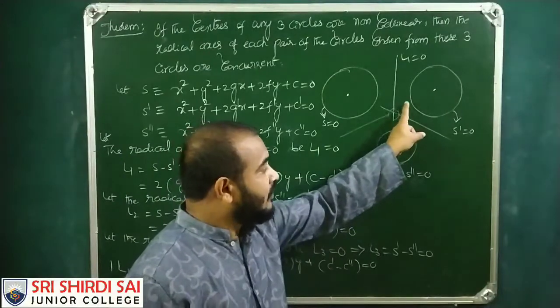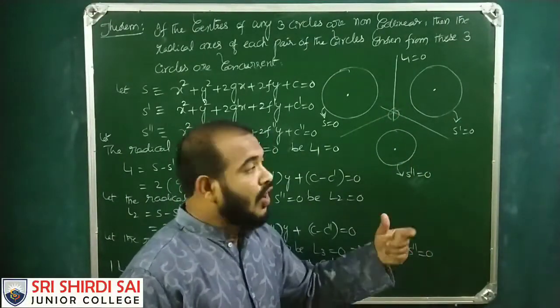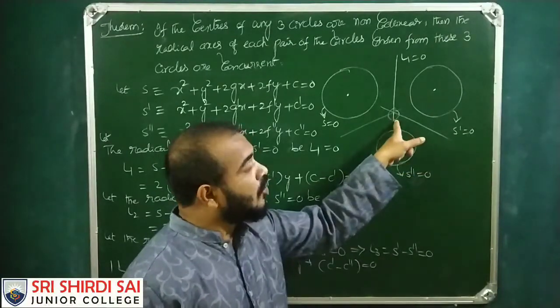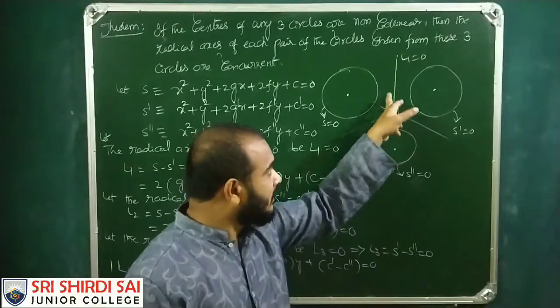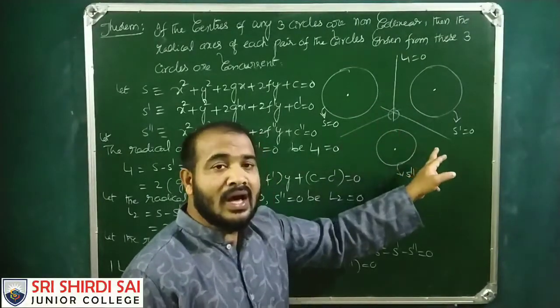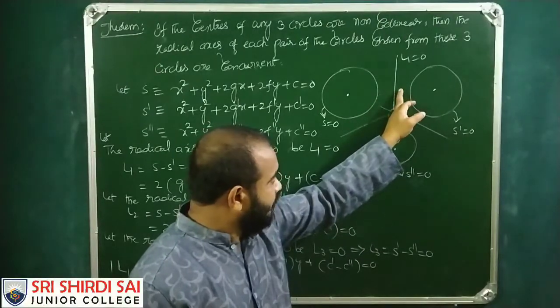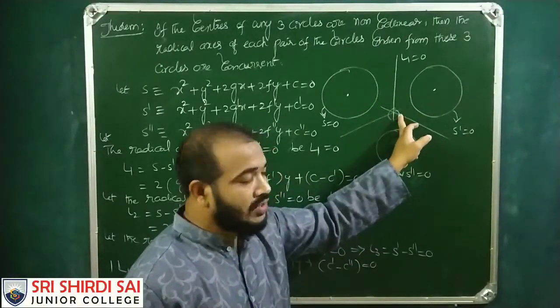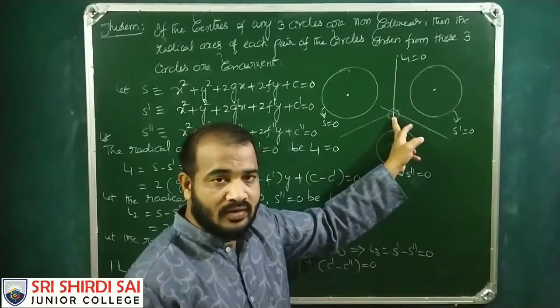Three or more lines are said to be concurrent lines if and only if all of them have a point in common, all of them are passing through one point. Therefore the radical axes of these three circles are concurrent lines, and the point of concurrence is called what?